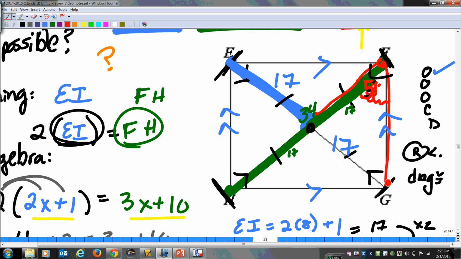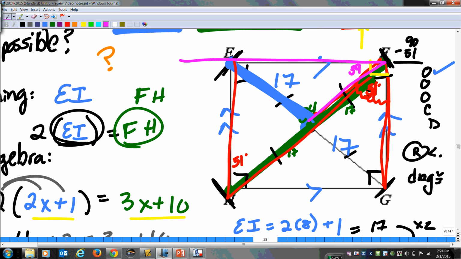Because the very first thing, opposite sides are parallel, we can do armpits of a Z, which makes this 51. Now, keep in mind that this is a right angle, so we simply can do 90 minus 51, and that's going to be 39. Because of opposite sides being parallel, we can bring that 39 down here as well.